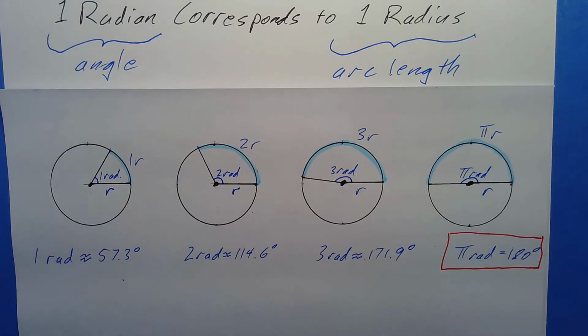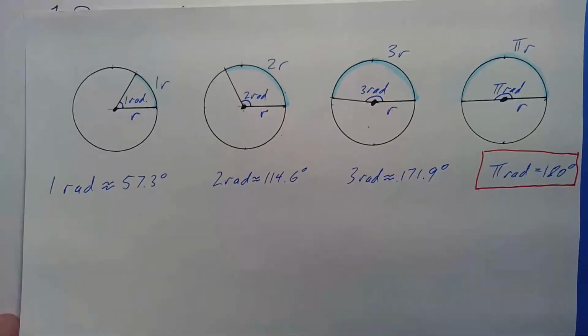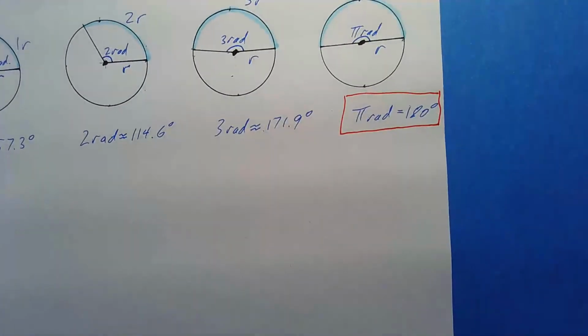Okay, now, I showed you that, but here's the thing. Again, I want to give you a rough idea of what's going on, what's a radian, why we're calling it that. But it turns out that we actually usually specify radians in a different way. We usually don't have radians of like 1 radian, 2 radian, 3 radian.